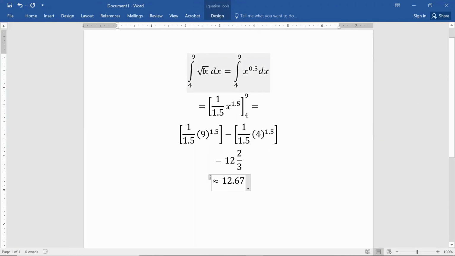Again, what I like to do is I just like to do my rewrites on the same line, and then on the next line take my derivative, or antiderivative, excuse me. So I like to do rewrites on the same line, and then antiderivative on the next, and then plug in on the next, and then answer on the last.